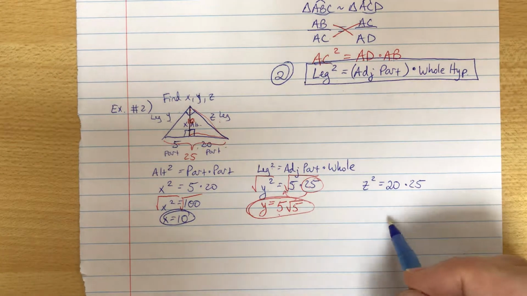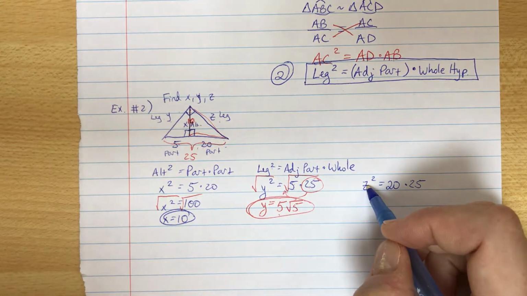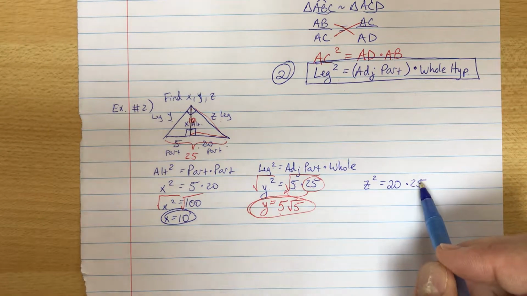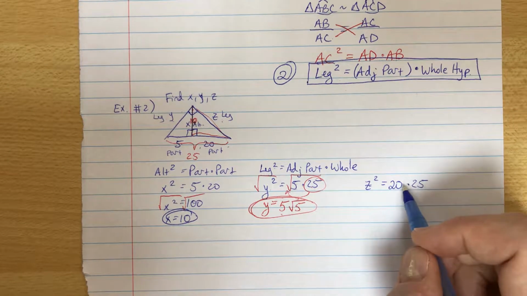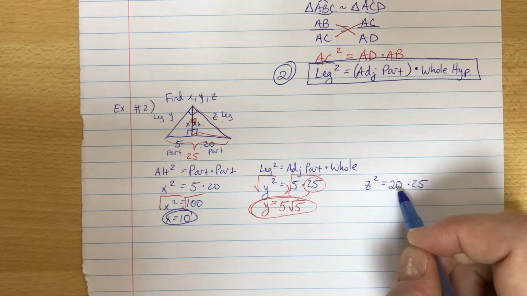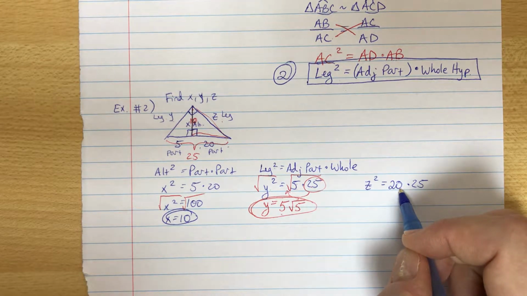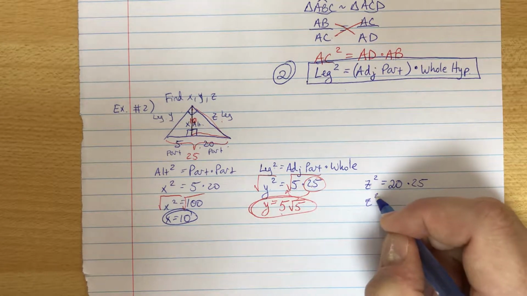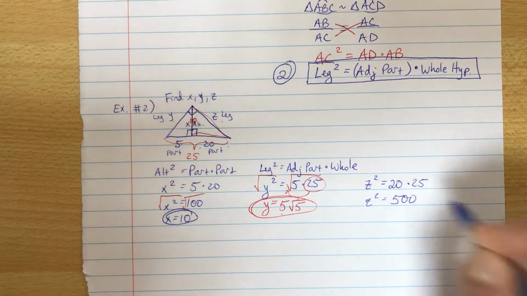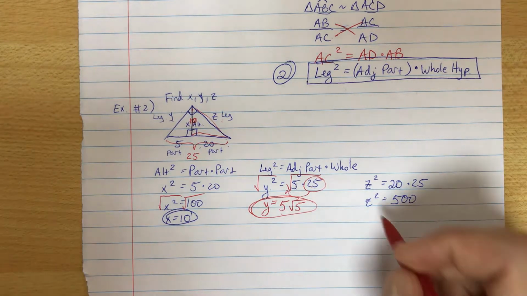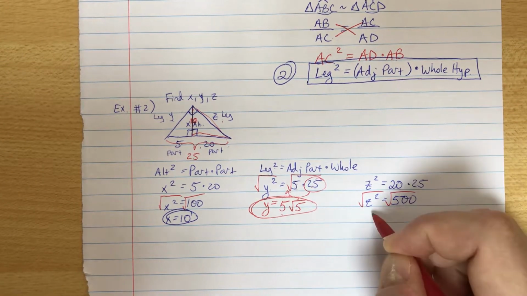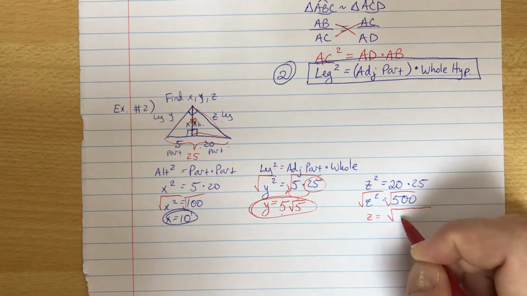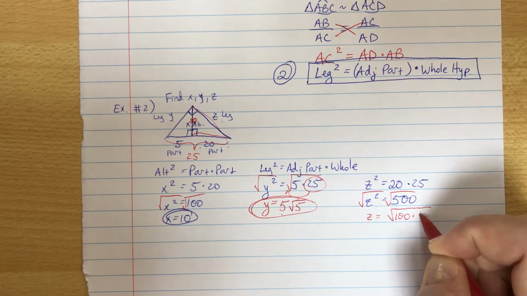Now, again, you know you're going to be taking the square root of both sides. In this case, 25 is perfect. But the other thing I notice is that 20 will have a perfect square factor. It will have 4. I'm actually going to multiply these together and get 500.